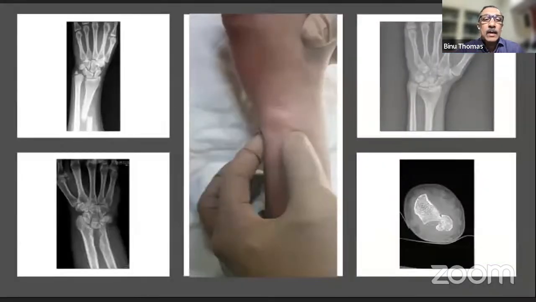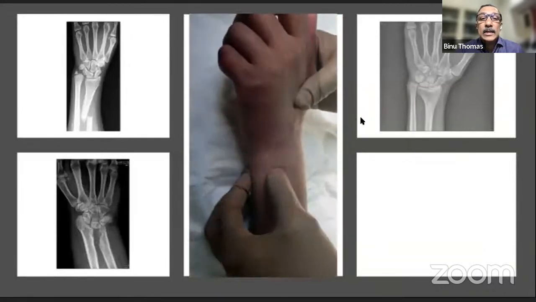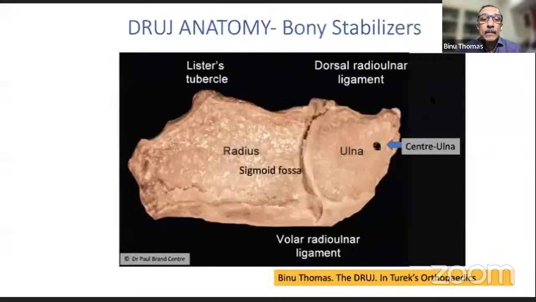Here you see a spectrum of injuries that can affect the distal radioulnar joint, like a Galeazzi fracture, an old childhood injury, and pure soft tissue instabilities and others.